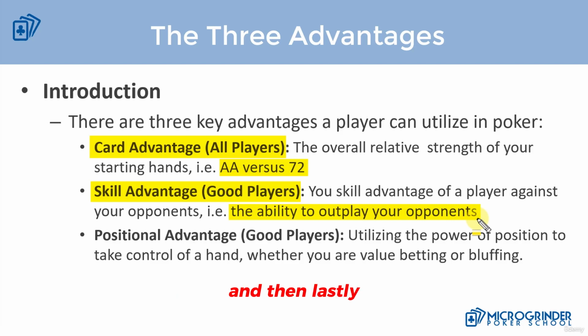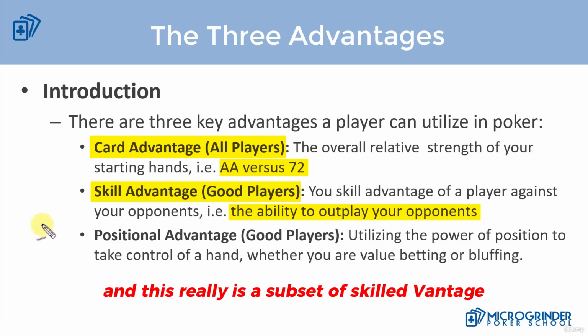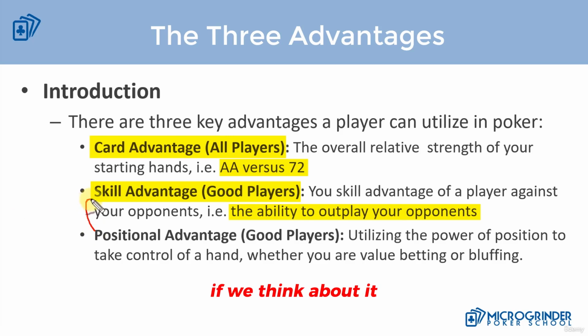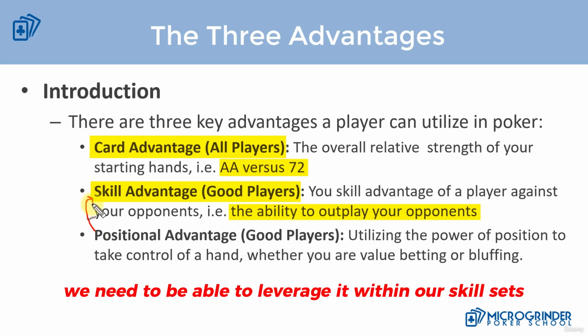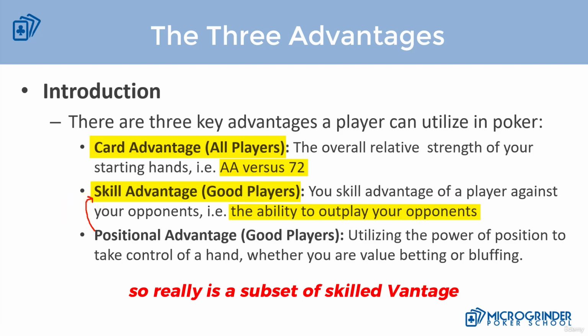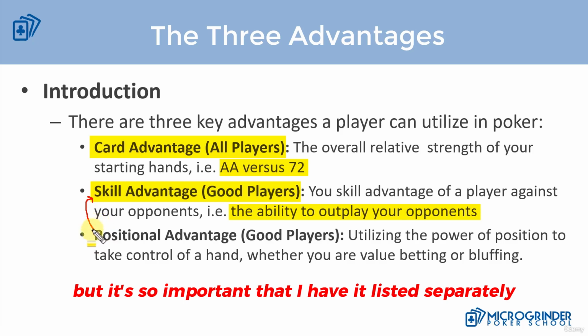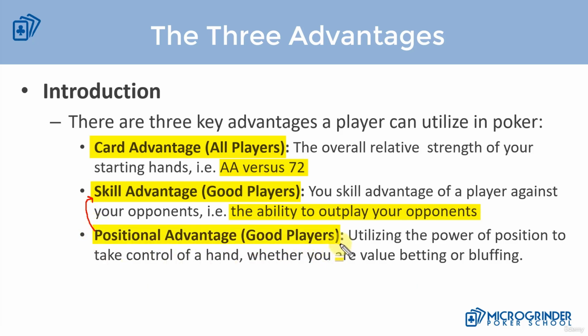And then lastly, positional advantage, and this really is a subset of skill advantage if we think about it, because we need to understand what position is, we need to be able to leverage it within our skill sets, so it really is a subset of skill advantage, but it's so important that I have it listed separately. So it's utilizing the power position to take control of a hand, whether we're value betting or we're bluffing.